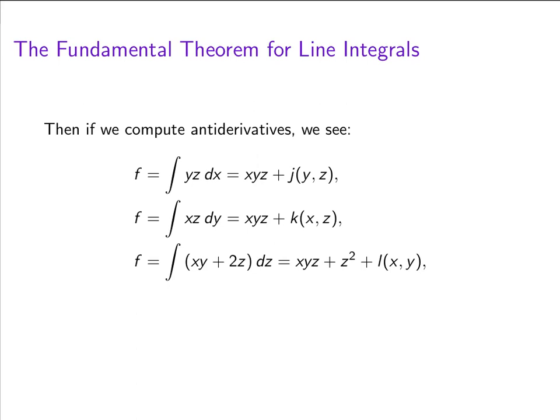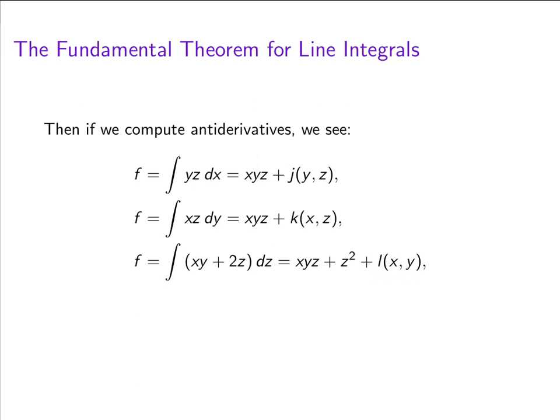And then the same thing down here where we compute an antiderivative with respect to y, we'll get xyz plus some arbitrary function of x and z. And finally, if we compute an antiderivative with respect to z, we'll get xyz plus z squared, and now we'll have some arbitrary function of x and y.